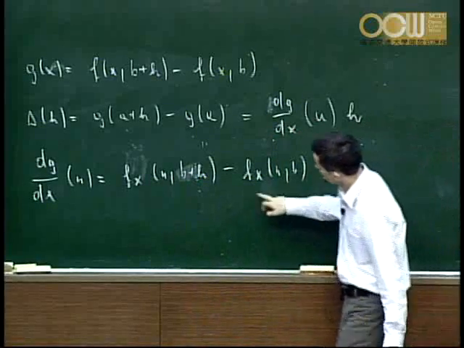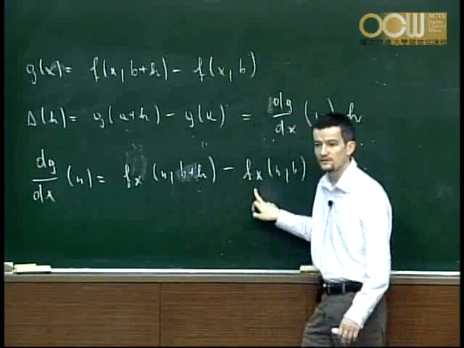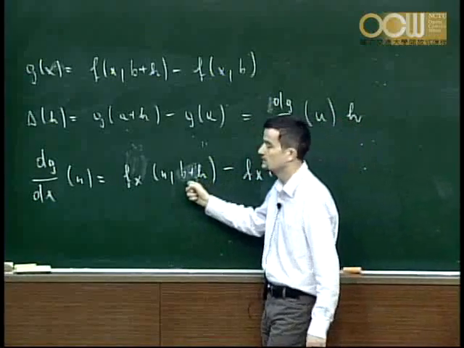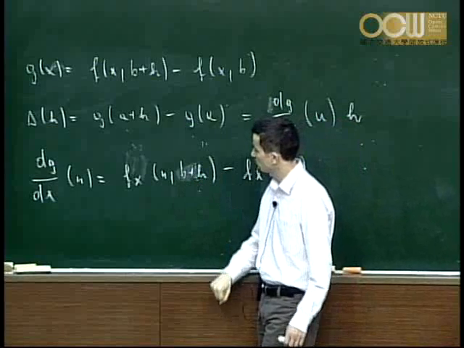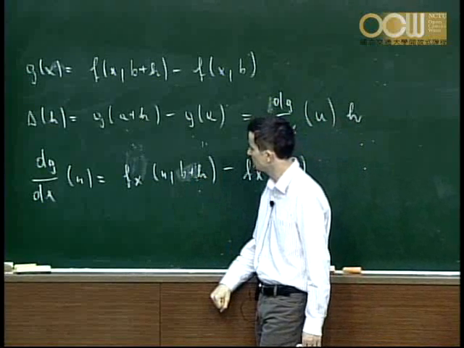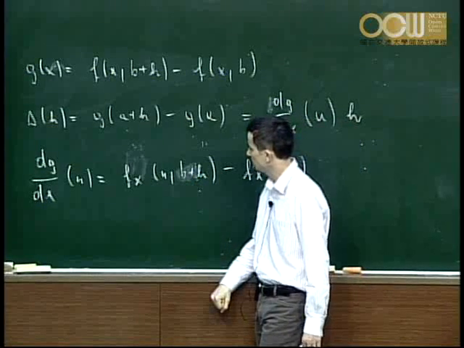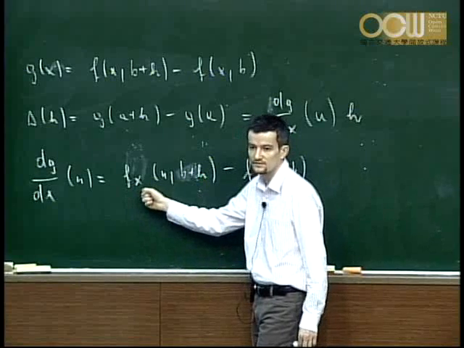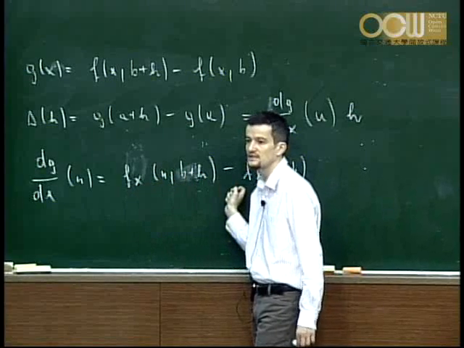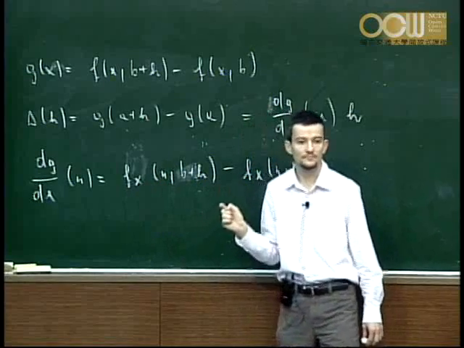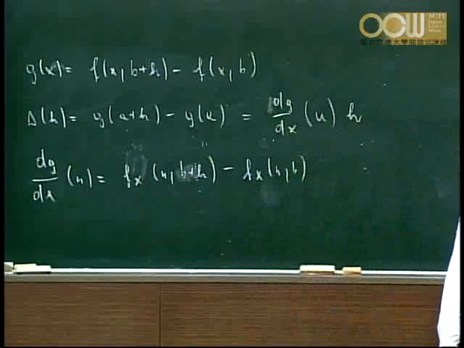And now we are going to apply the mean value theorem once more, now with respect to the coordinate y. Again, because of the assumptions, what we need is that fxy exists. This is okay. And we need that this function is continuous. This is certainly true because the partial derivative exists.